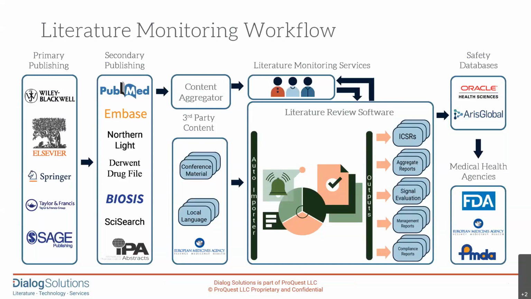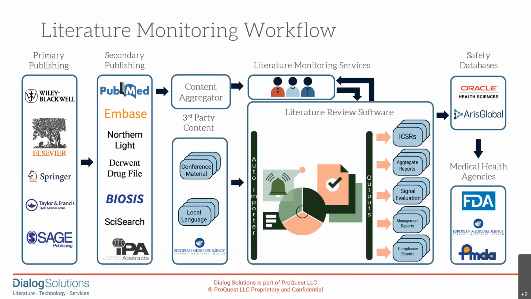And then as we look at output, references with ICSR criteria can be automatically routed to case processing for submission into the safety database and ultimately to the competent authorities. Literature lists in Vancouver style can be output to Word, deduplicated with comments and sent directly to the medical writers to save them time and effort.